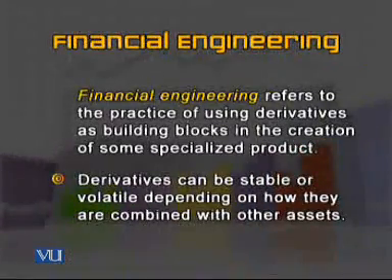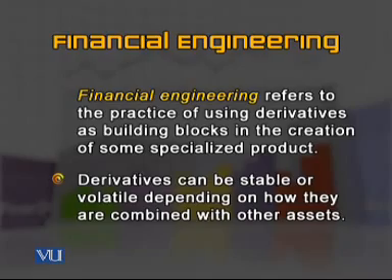Derivatives can be stable, derivatives can be volatile, depending on how they are combined with other assets. So you could use two assets in the futures market and in the regular market, which will be done through financial engineering, and create products for the better utility of investors to use two markets to their advantage.